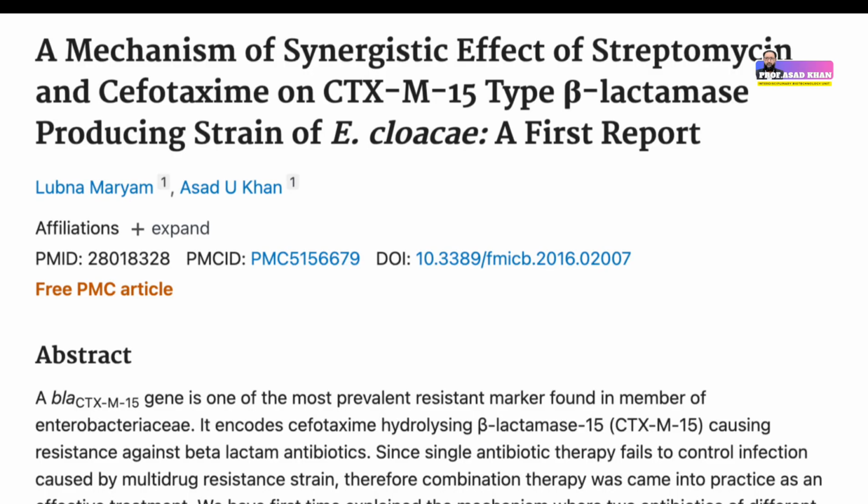In another study in my lab, we worked on streptomycin and cefotaxime. Cefotaxime alone showed resistance, and streptomycin alone also showed resistance. But when we combine these two at a lower concentration, they work very well.